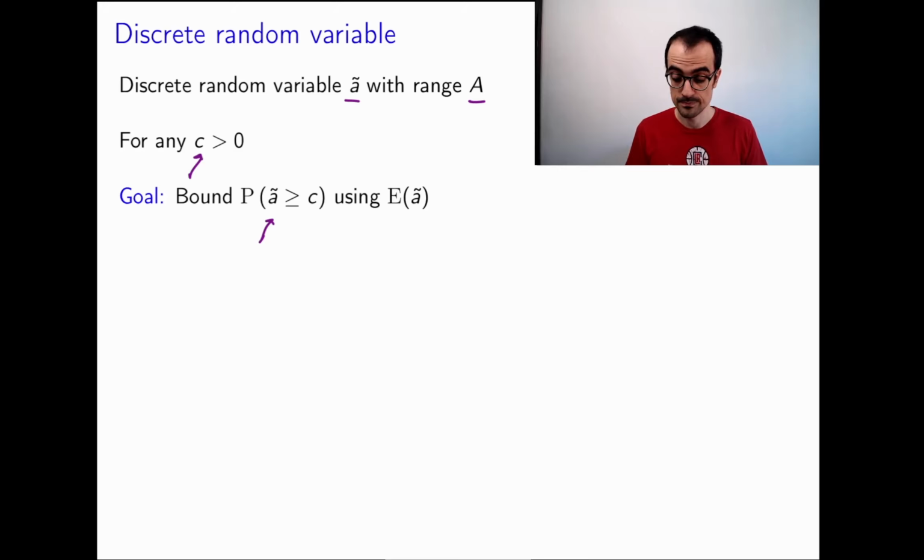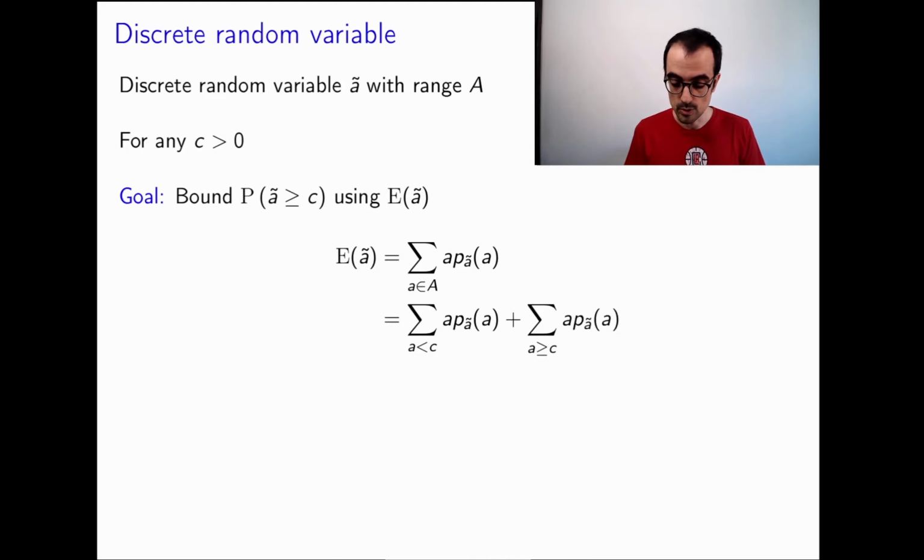In order to do that, we're going to write the mean by the definition as the sum of all the possible values of the random variable times their corresponding probabilities. And now we're going to separate these possible values into the ones that are greater than C, which are here, and smaller than C, here.